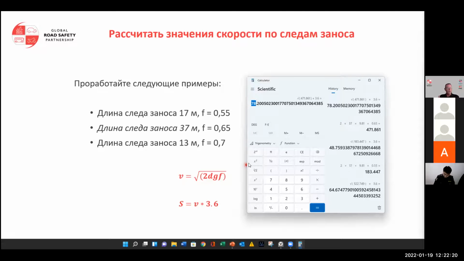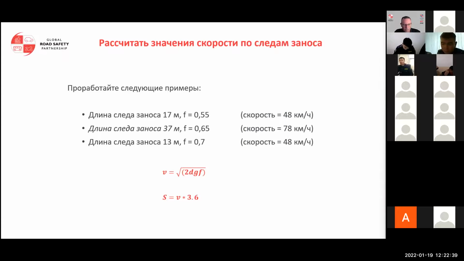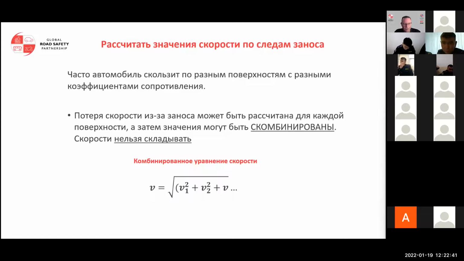As I say, don't be put off by it looking complicated. Once you know what the symbols mean, it is what we call plugging and chugging. Plug in the numbers, hit the equals, it chugs you out the answer. And that's how to do it. Right, that's the base skid to stop equation. Let's complicate it, because life is never simple.